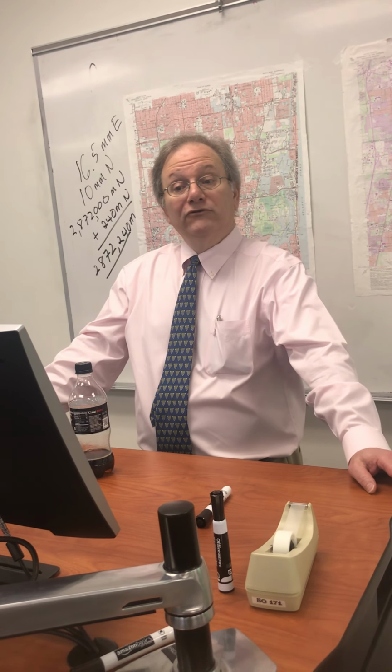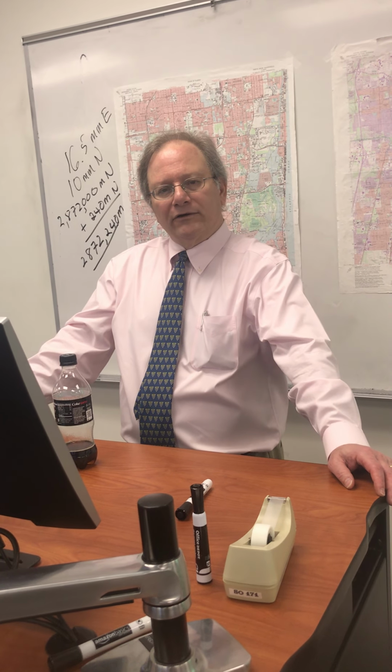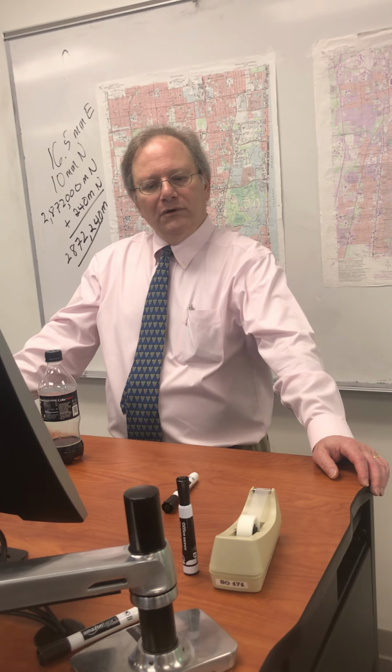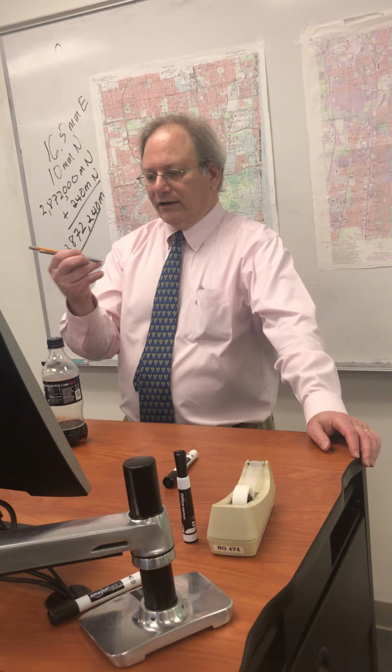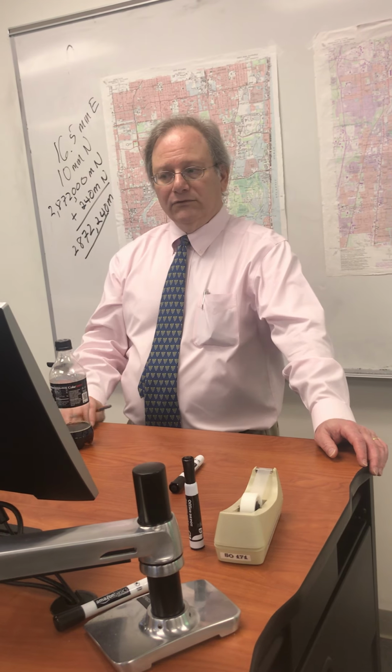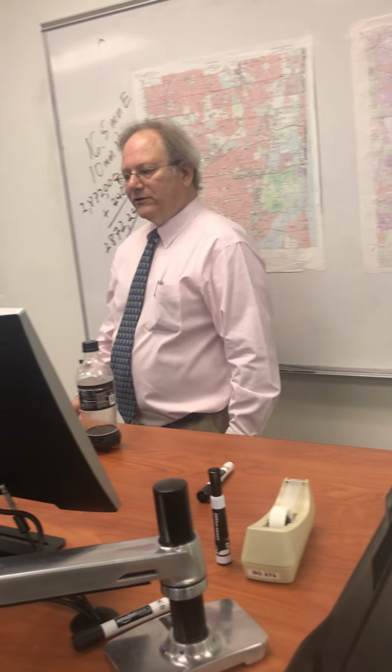Fortunately, the newer maps do have the complete grid printed on them. But the older maps just have tick marks, and so you have to actually take a pencil and draw the lines on yourself using a meter stick, which is why we have meter sticks here. So let me show you how that's done.